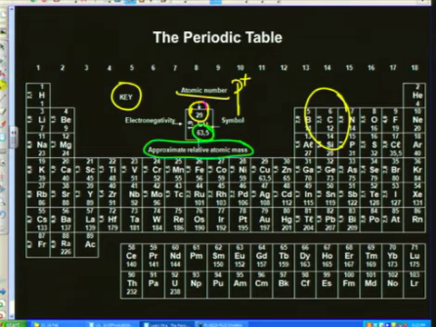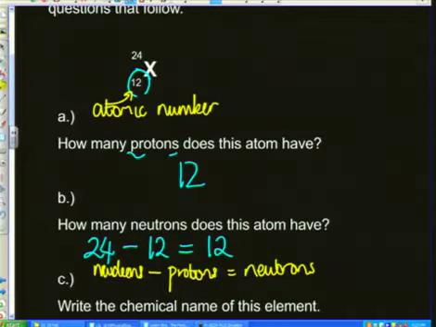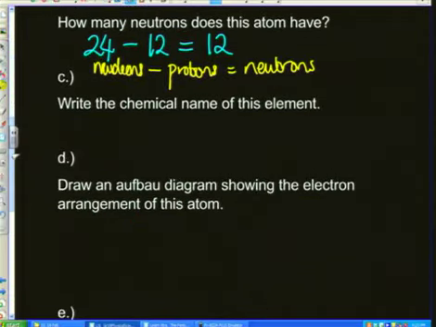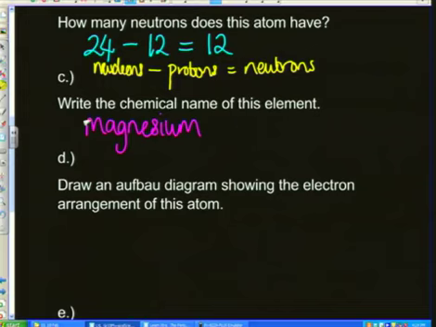So notice I'm now looking at the top number, which is the atomic number. 1, 2, 3, 4, all the way to number 12. There it is. And this symbol is magnesium. So I go back to my questions, and I answer. The chemical name for this element is magnesium. Okay, if they asked you for the symbol, it would be Mg. But they specifically asked us for the name, so it's the whole word.